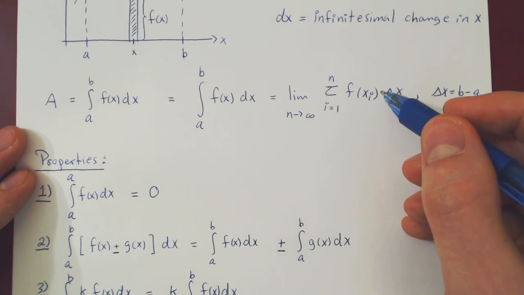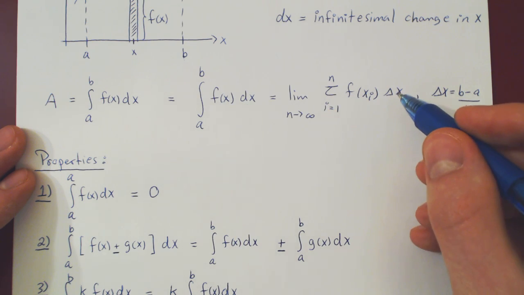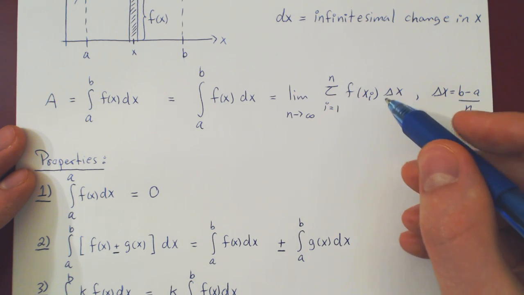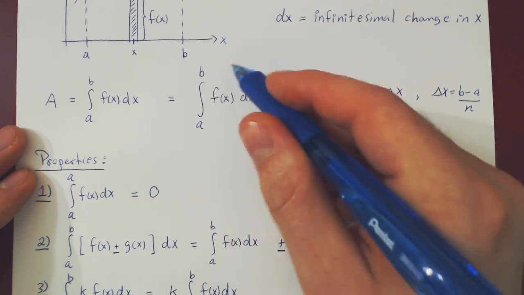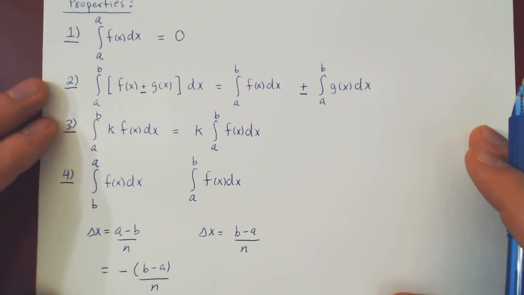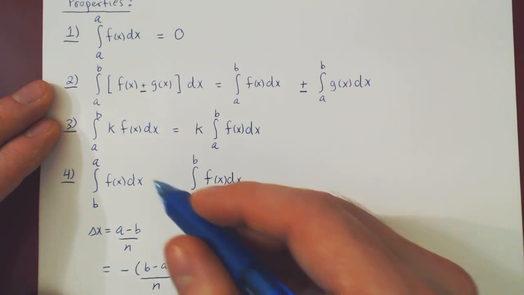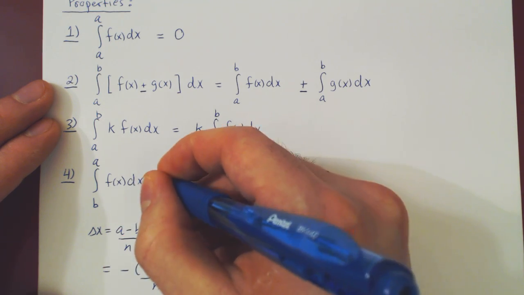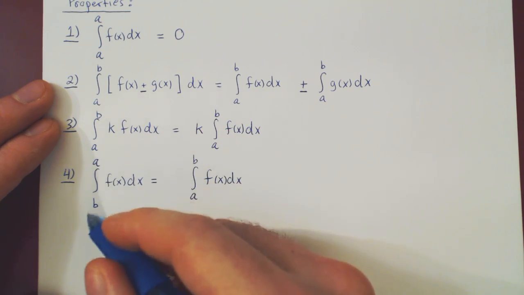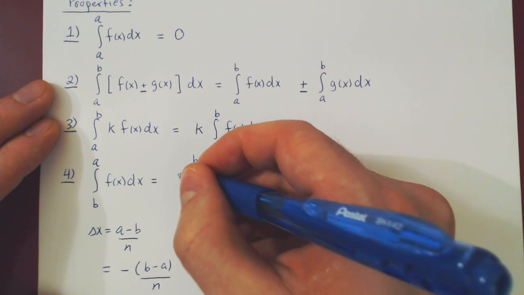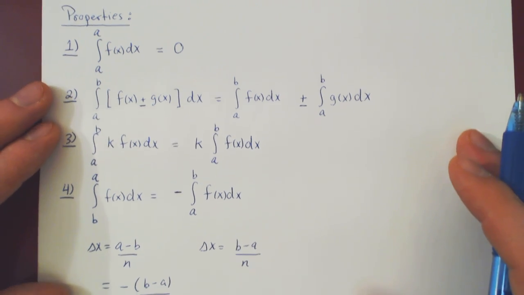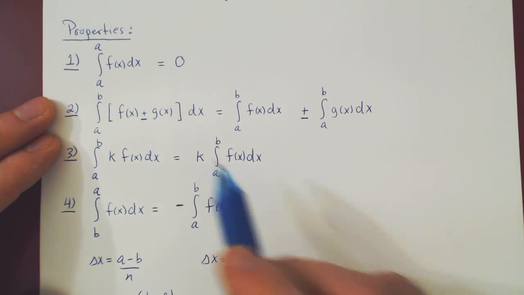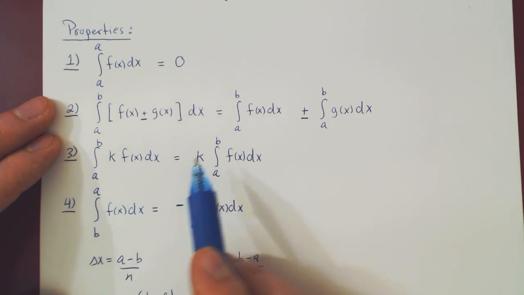The difference as you go from a to b, then b to a, is that the delta x becomes negated. You can factor your negative outside, and you get the negative of the other integral. So if you integrate f from b to a, then you change the order of the bounds, you get the negative as the delta x is negated. And that's it. Those are your 4 fundamental properties of the definite integral.